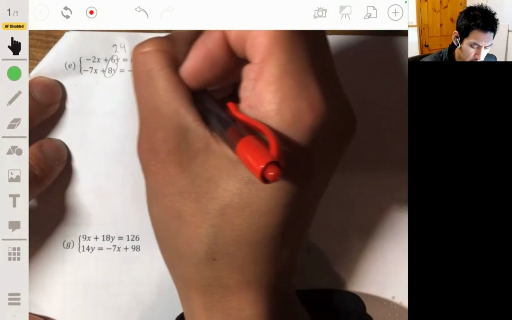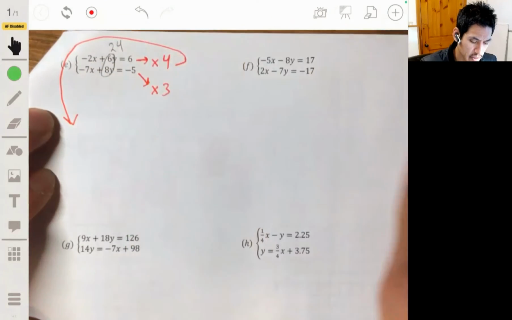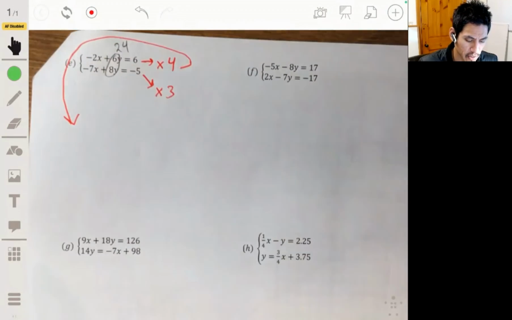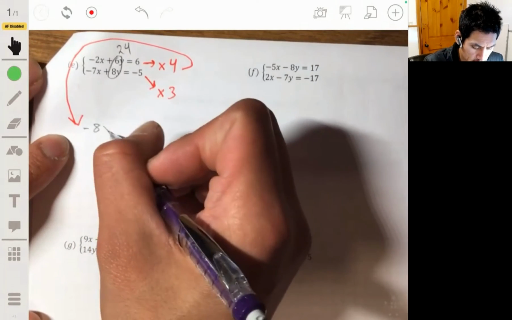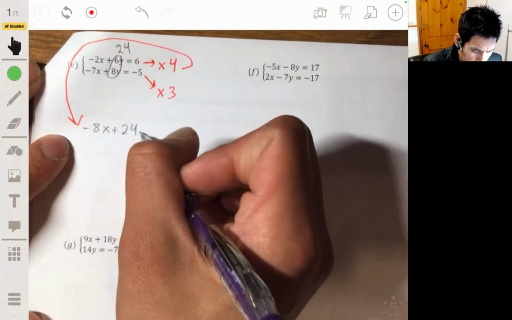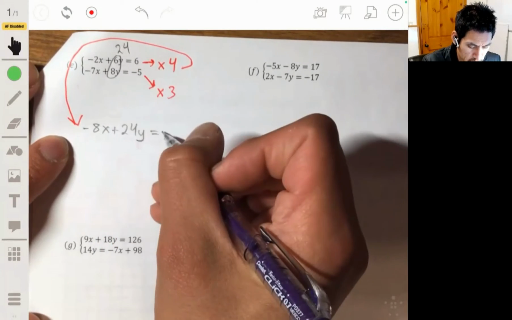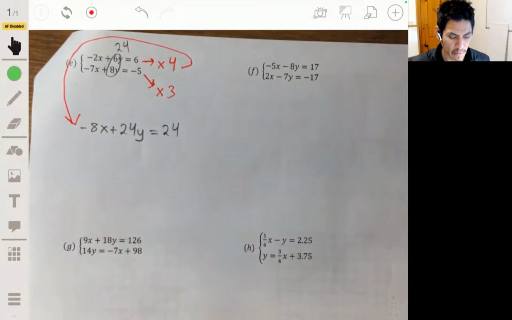So I'm going to write it again down here just so it's more clean. So let's first focus on the top one. Multiplying everything in the top equation by 4, I'm going to get negative 8x plus 24y equals 4 times 6, equals 24.